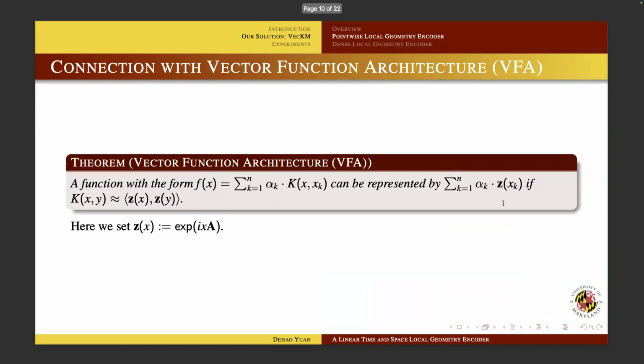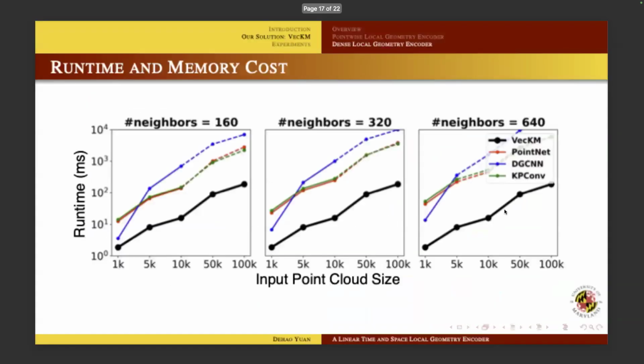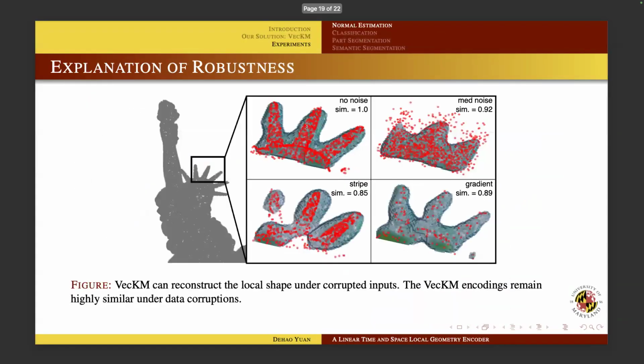If you look at this figure, traditional methods can only downsample this into maybe 128. That's already very large. But our method can consider all the 200 points, 300 points, 400 points.